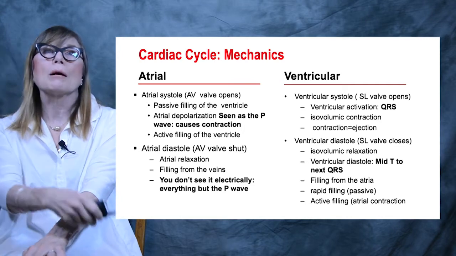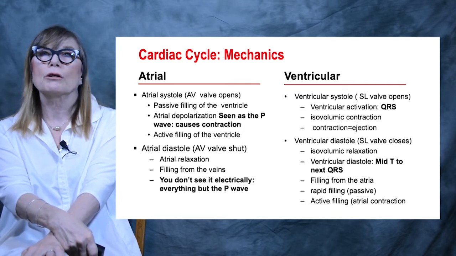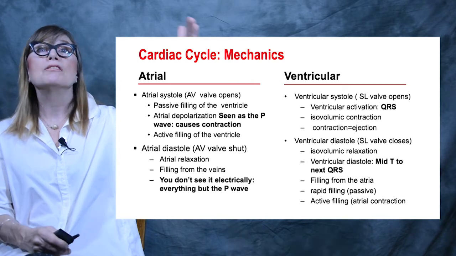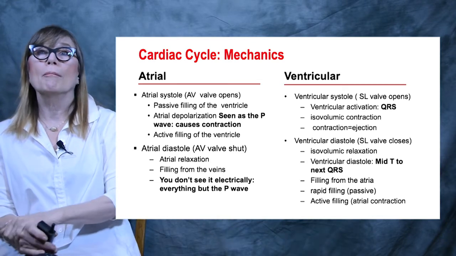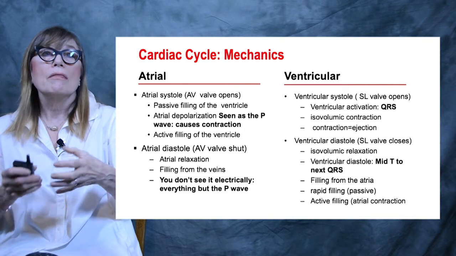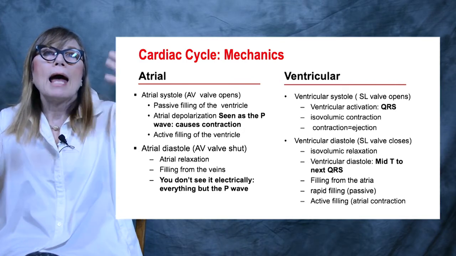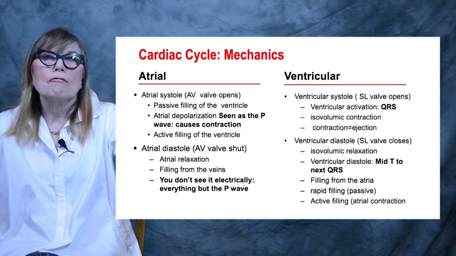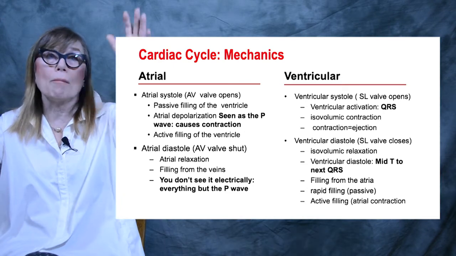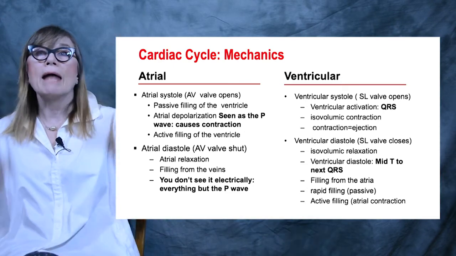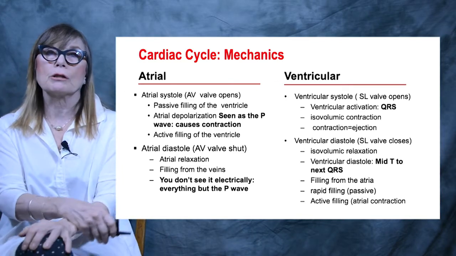So go to the bottom of that column for ventricular diastole. Okay? The semilunar valves, aortic and pulmonic, are closed. The ventricle is relaxing, relaxing, relaxing, and blood is filling from the atria, first of all passively down a gradient, and then actively following the atrial contraction.